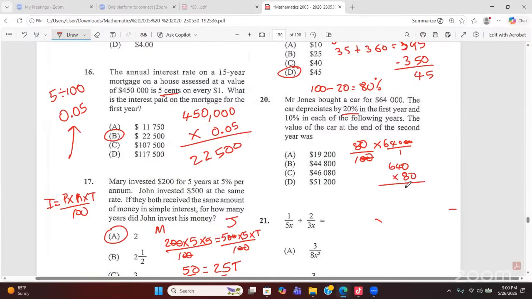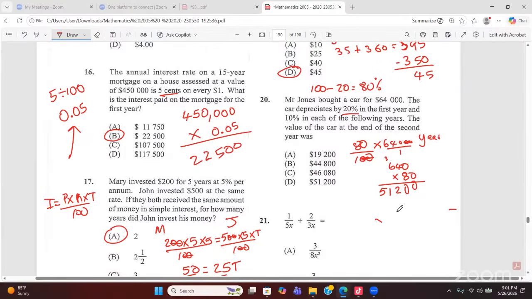Put a 0 there. 8 times 4 is 32. Carry the 3. 48 and 3 is 51. So 51 would have been left. That's 51,000. So 80% of that would have left you with 51,200. So this is year 1.